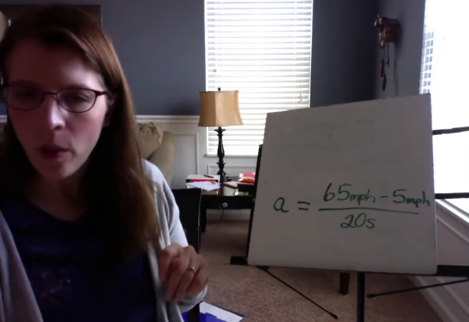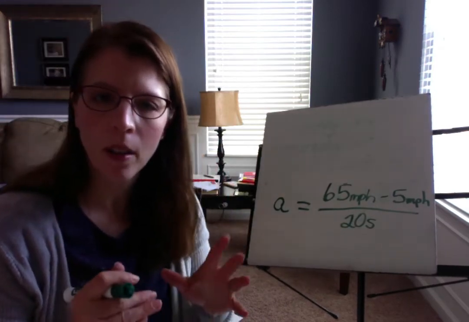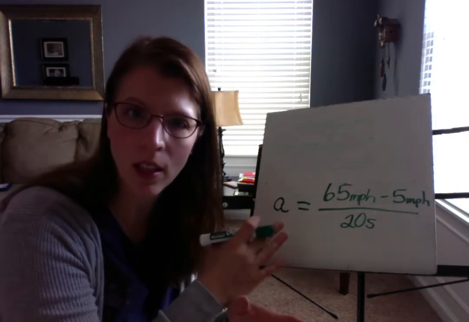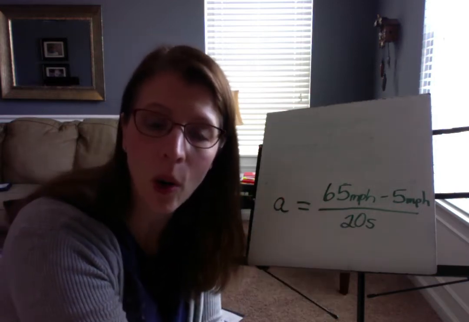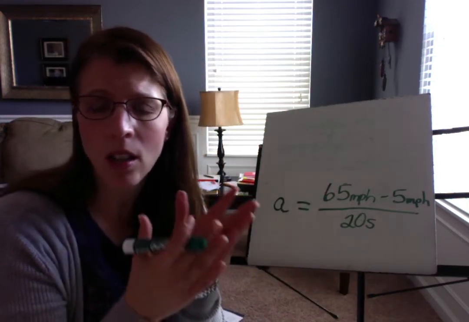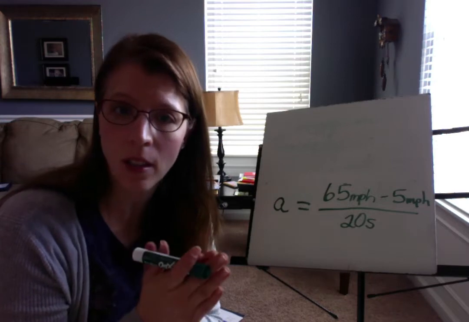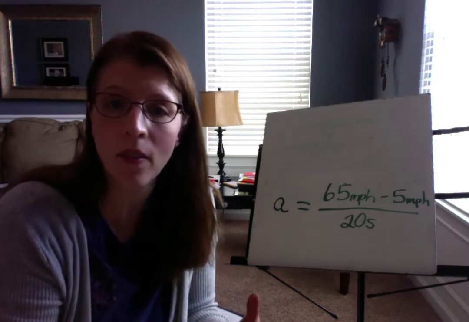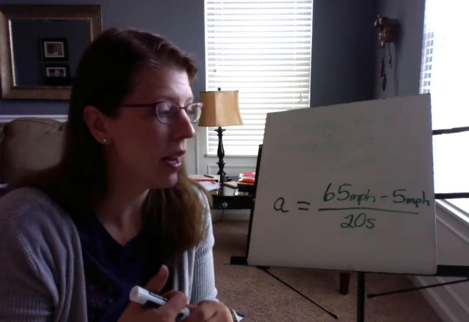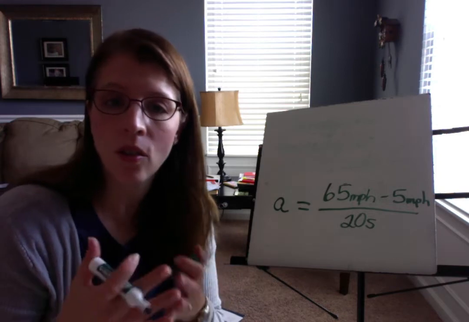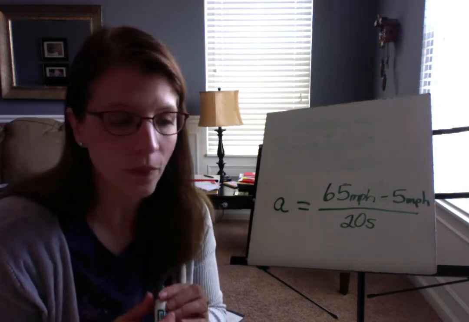So we've got to keep our equations in the same units. So remember what MPH is: miles per hour. So if we suddenly divide by seconds, we've got our time in two different sets of units. And so our answer can't get any more specific than 60 miles an hour divided by 20 seconds because our units don't communicate with each other.